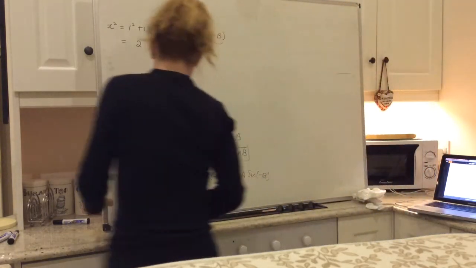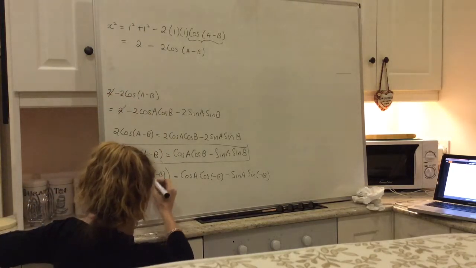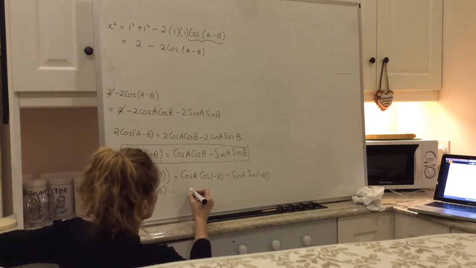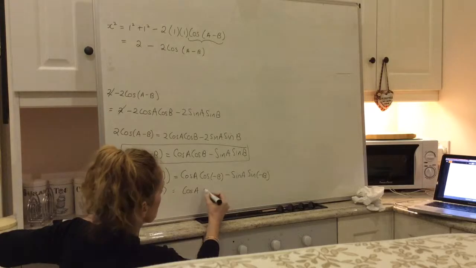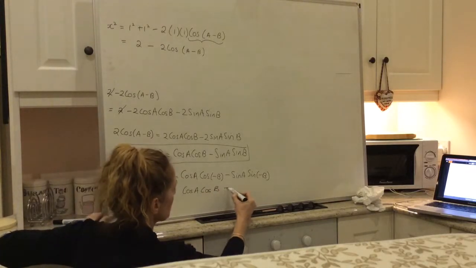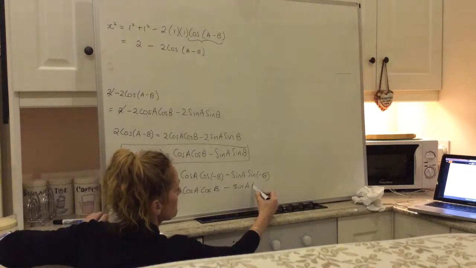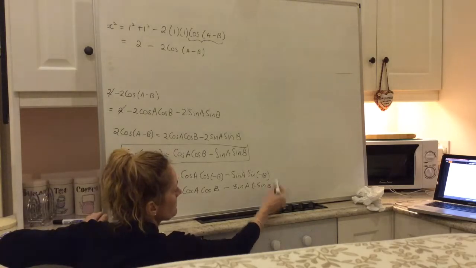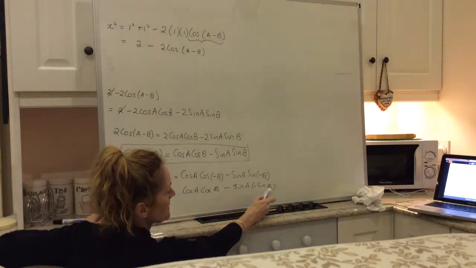So the cosine of A plus B, effectively there, is equal to cosine A, and we just said the cosine of a minus number is the same as the cosine of the positive version, minus the sine of A times minus the sine of B, because we agreed a minute ago that the sine of a minus angle is actually minus the sine of the angle.